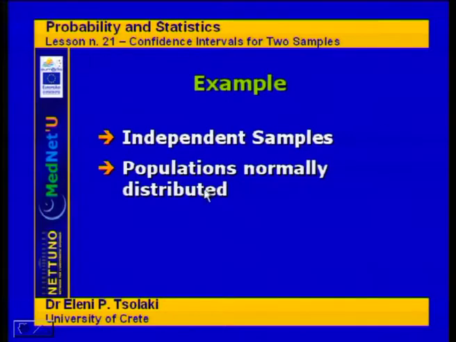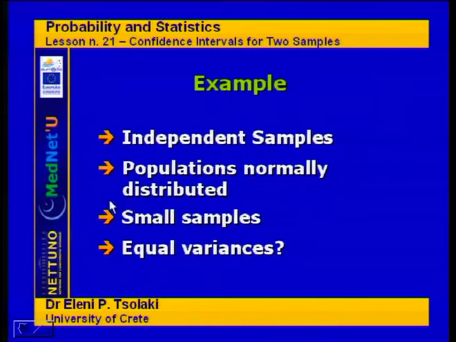Also, it's okay to assume that the populations are normally distributed. Now we have small samples. As we have seen, our sample is less than 29.